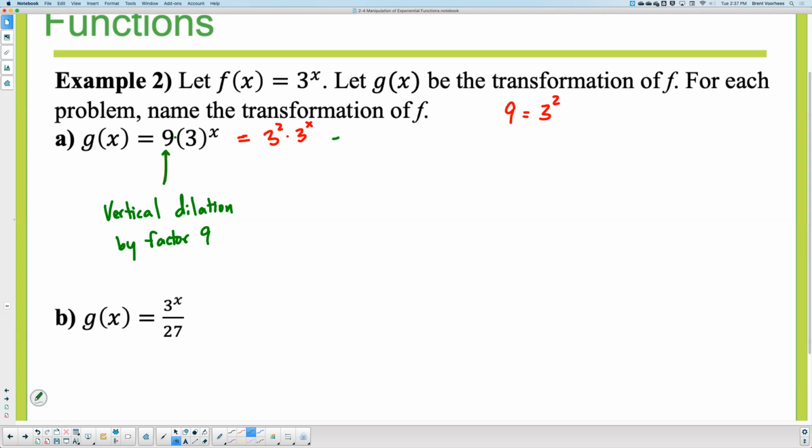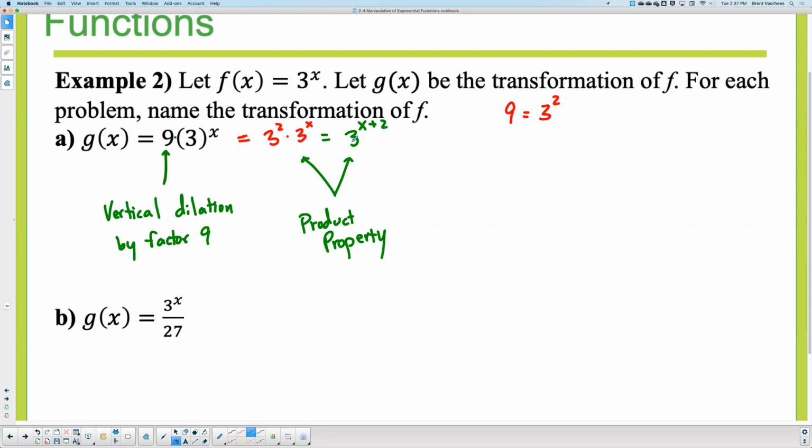According to the product property, this is the same thing as 3 to the x plus 2. Actually, I want to write the x first. It'll make more sense if we do the x first. x plus 2. That's the same thing. That right there is the product property. That's what I did there. Product property is how I got from one to the other.